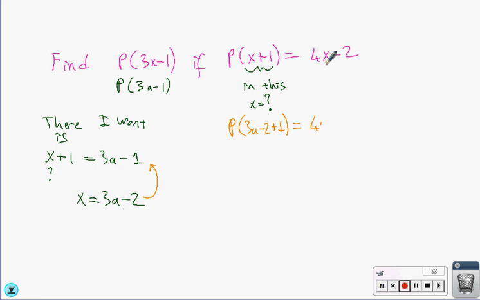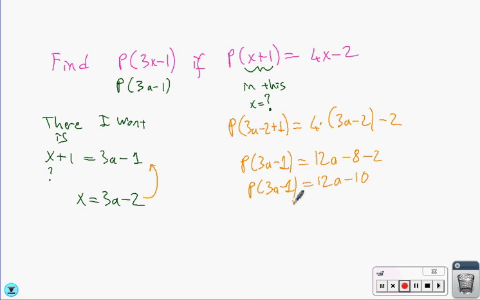Equal 4 times, instead of x, 3a minus 2 with parentheses, and another minus 2 is in there. So minus 2 plus 1, it will be p of 3a minus 1. 4 times 3a, 4 times minus 2, minus 8, minus 2 makes minus 10.